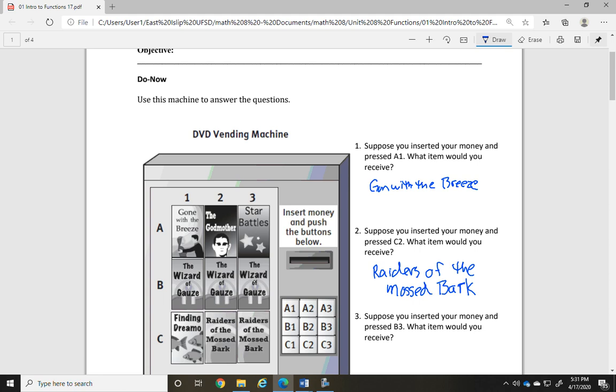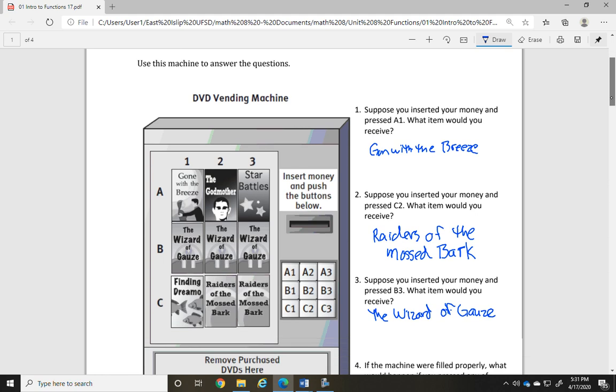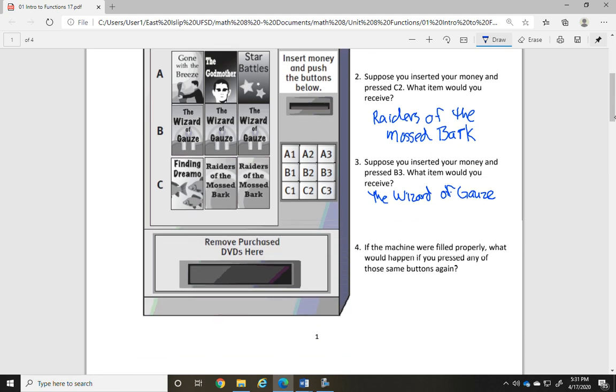I would get the Wizard of Gauze. If the machine were filled properly, what would happen if you pressed any of those same buttons again? Well, if it was filled properly, we would expect the same thing to happen.